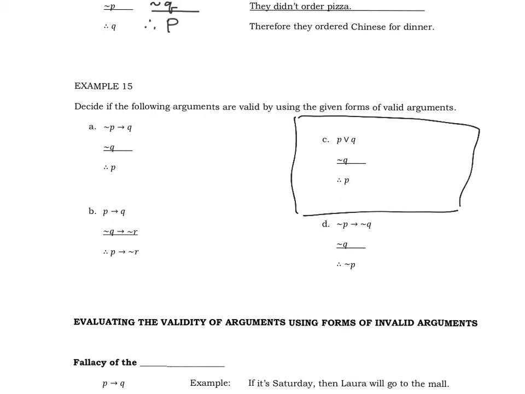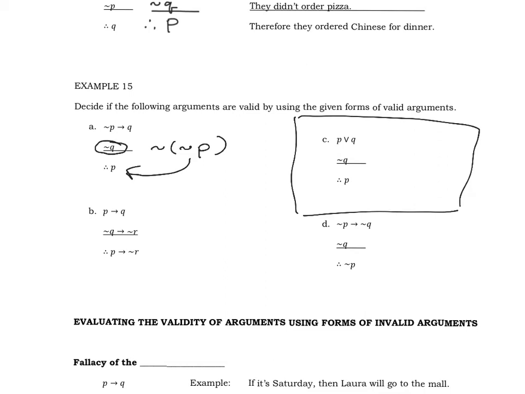In this case, we have if not P, then Q. So not Q happened. For it to follow the contraposition, with not Q happening, we would have to have not-not P happen. So what is the negation of not P? Well, we have P. And that's exactly what we have there.